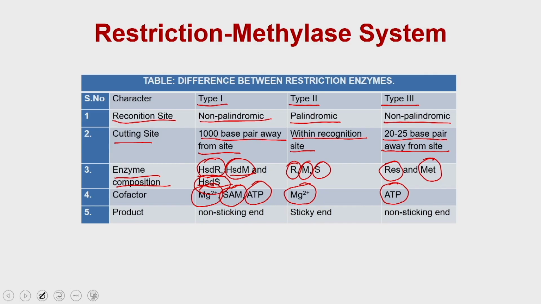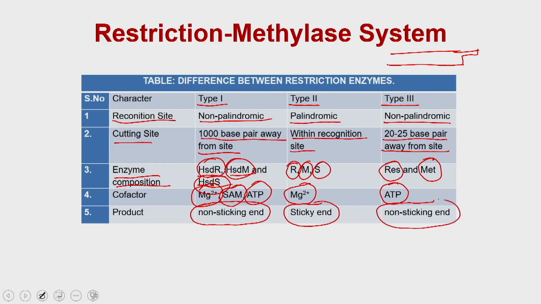The product generated in the case of type 1 is non-sticky ends. What is meant by non-sticky ends is that you are not going to generate sticky fragments, whereas in the case of type 2 you are going to generate sticky ends, and in the case of type 3 also you are going to get non-sticky ends.